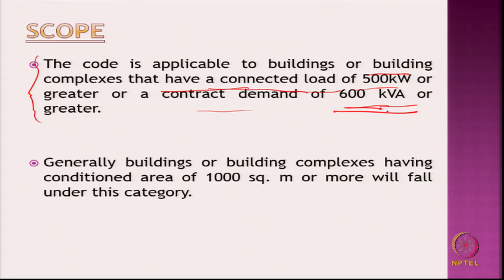This is the consumption actually, because this would be multiplied by a power factor in an alternating current situation, and you might be using it sometimes and not at other times, although your design is for 600 kVA capacity. So, generally buildings or building complexes having conditioned areas of 1,000 square meters or more are covered. Anything less than that, you need not look into this, but anything more than that, one definitely must look into it.